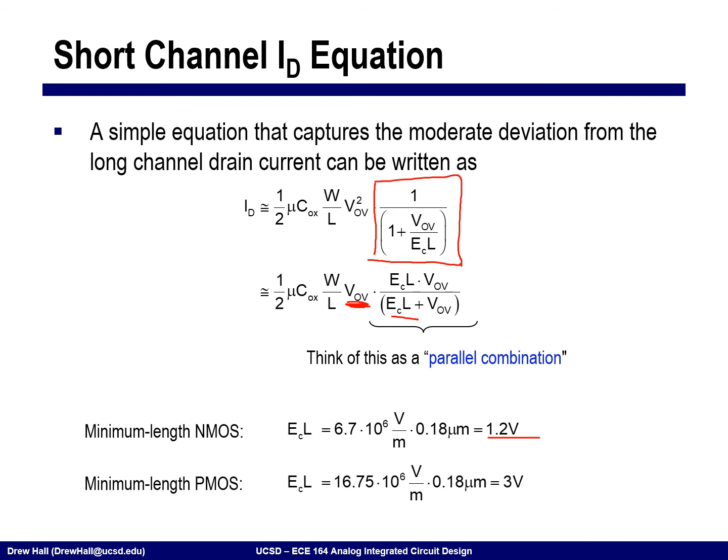It's about 16 megavolts per meter, and that gives me an overdrive voltage of 3 volts. And so what this says is that even in our 0.18 technology, you could hit the critical electric field, especially in digital circuits, you definitely do, with a 1.2 volt overdrive voltage applied to the transistor.